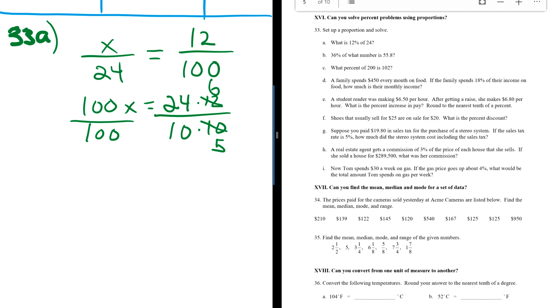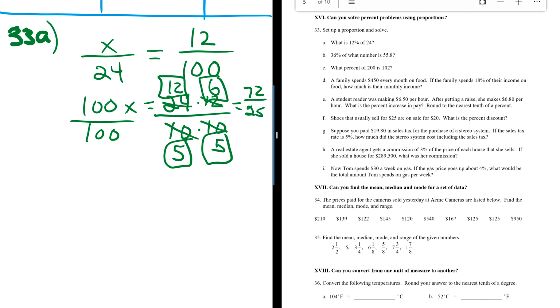And then what else can I do? I could say 2 goes into 10 here 5 times, and 2 goes into 24 12 times here. And it looks like that's all I can do between these numbers here. So I got 5 times 5, and up top 12 times 6. So 12 times 6 is 72 over 5 times 5 is 25.